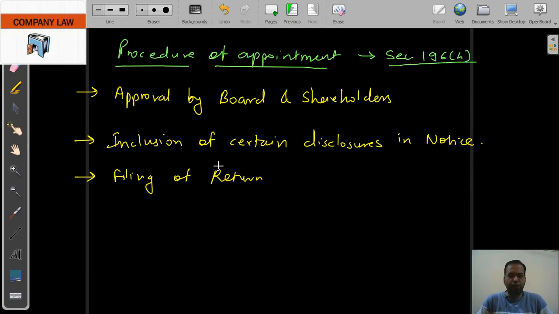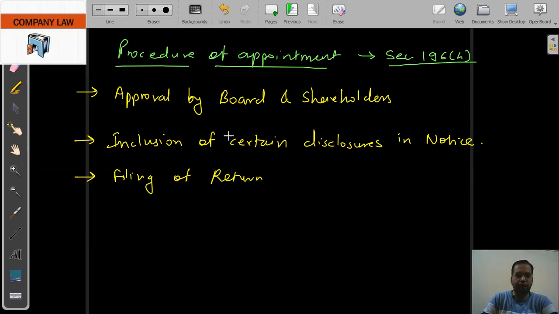Where the appointment is to be taken up, it should include the terms and conditions of this appointment, the remuneration payable to such MD, WTD or manager, and such other matters including interest of directors in such appointment.